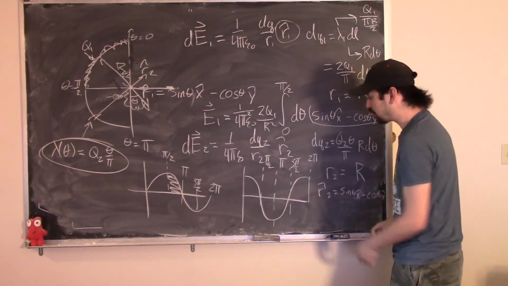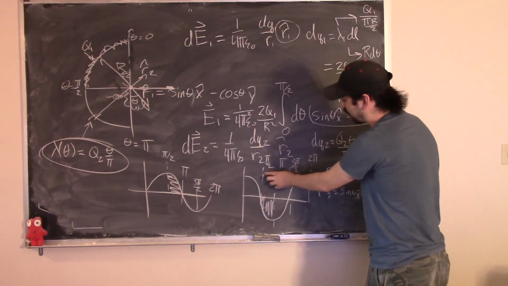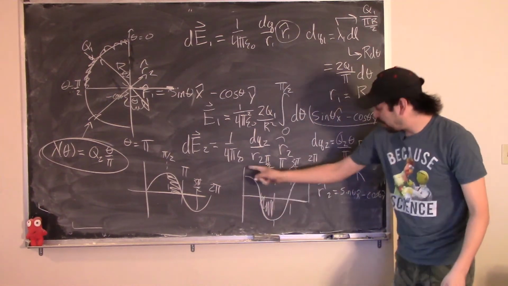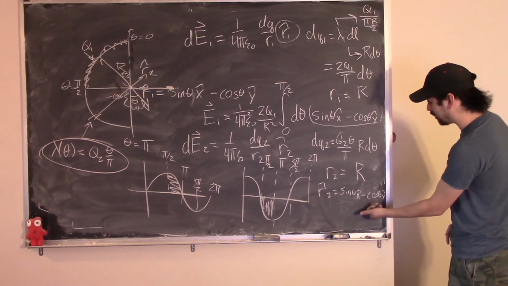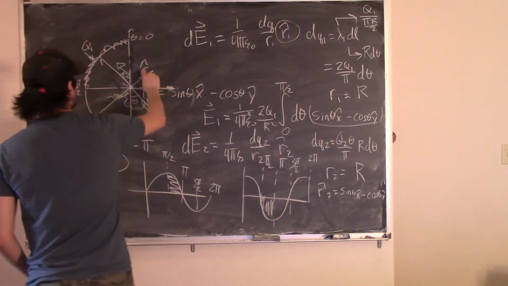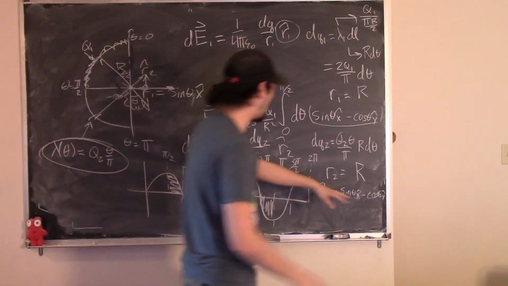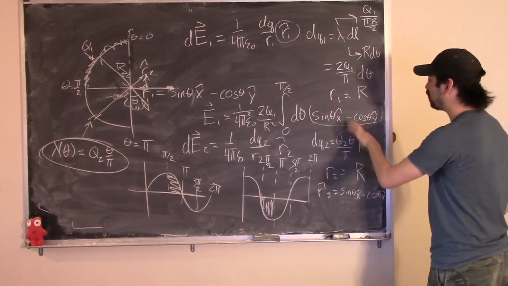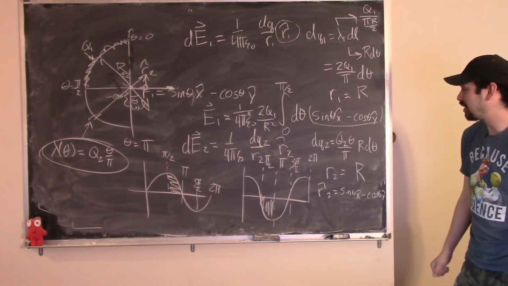So in the region between pi over 2 and pi, cosine is negative. So when I plug in one of those values here, that's going to give me a negative times a negative, which makes this positive. And when we look at the y component, it has to be positive. And so that's why using this r hat 2 being the same thing as r hat 1 ends up giving me the same behavior that I need it to.